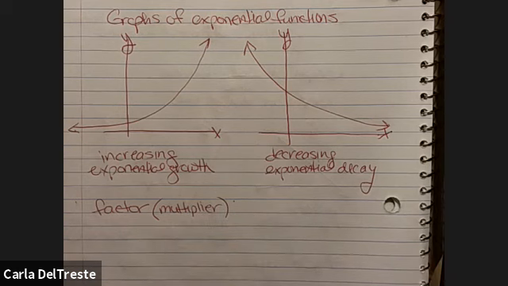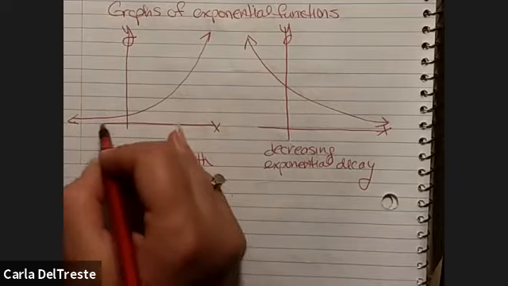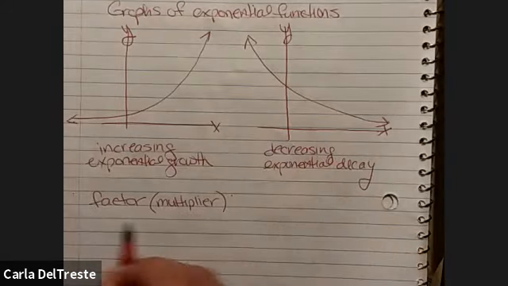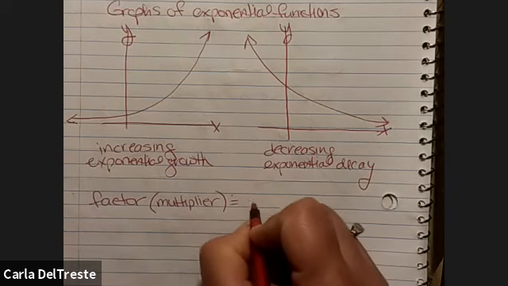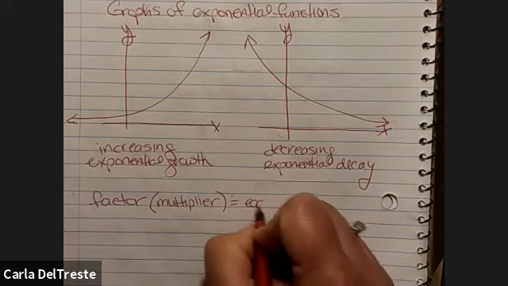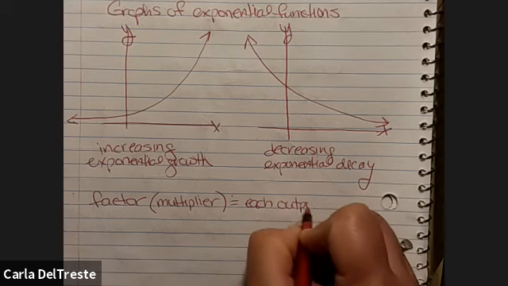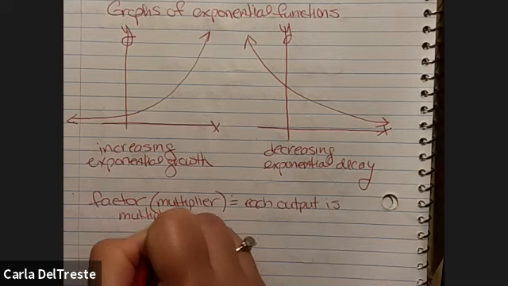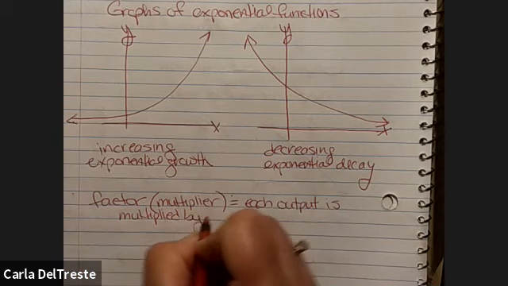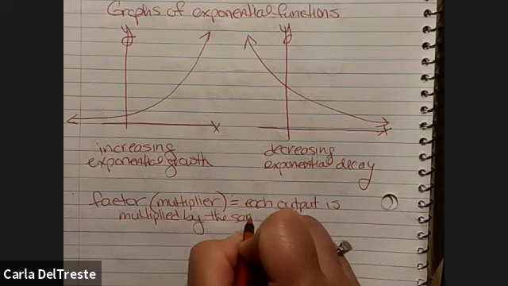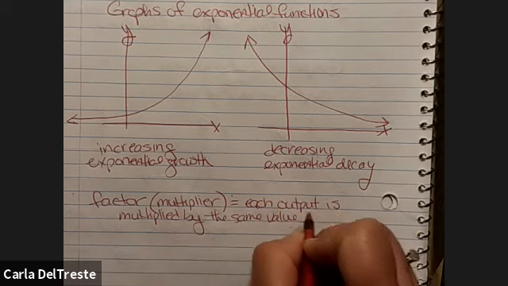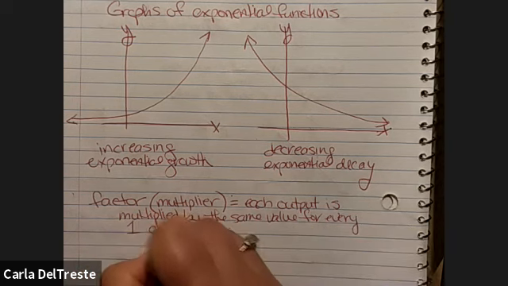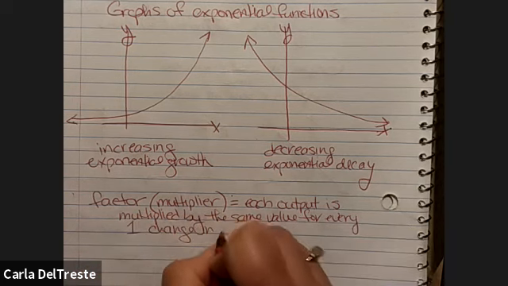Okay, the reason that an exponential function will grow so rapidly or decrease so rapidly is because each output is multiplied by the same value for every one change in input.